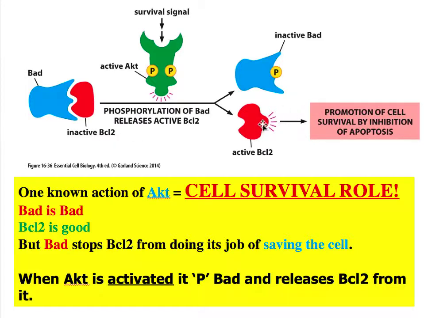Releasing BCL2 changes its shape, and BCL2 then can promote cell survival. Should any part of this pathway become defective or blocked, then the consequences for the cell are dire, as it will then be unable to save itself and therefore prevent the suicide pathway from being activated.